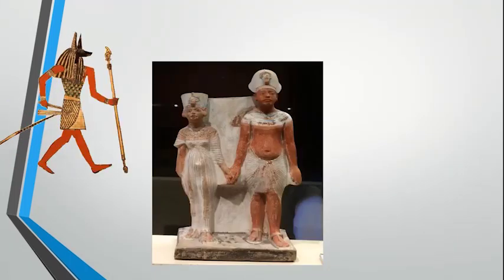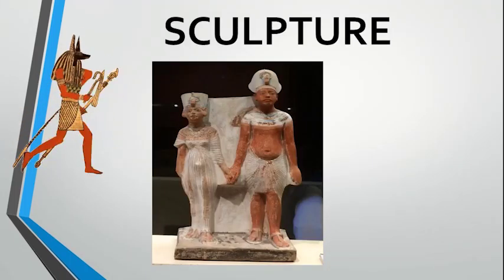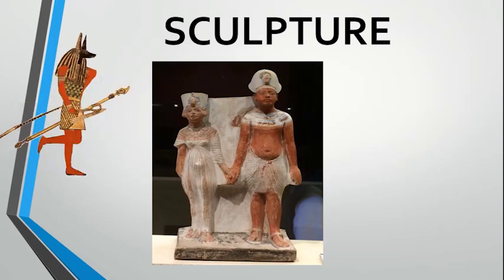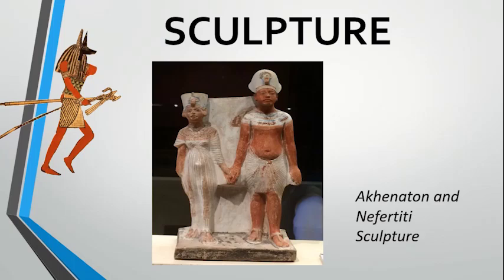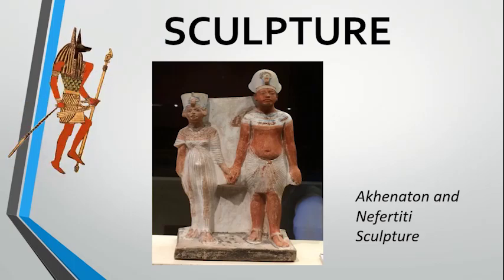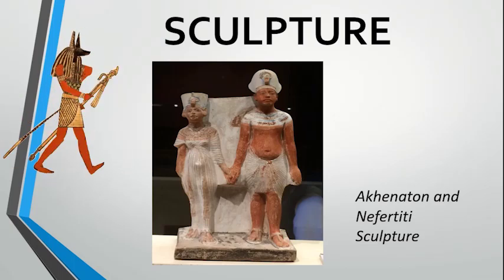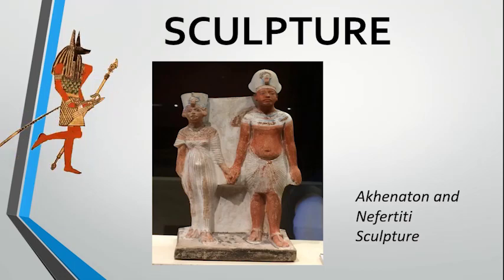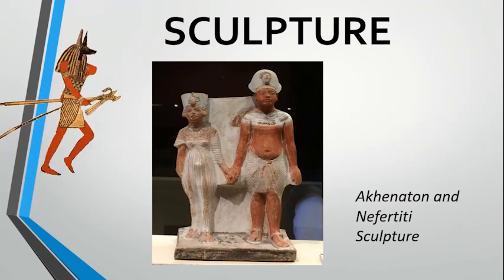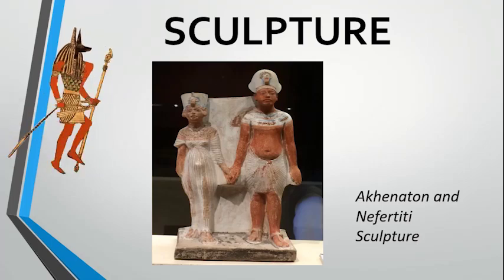Here's an example of Egyptian sculpture. This sculpture is called the Akhenaten and Nefertiti sculpture. Nefertiti was one of the most mysterious and powerful women in ancient Egypt. She was a queen married to the pharaoh Akhenaten.